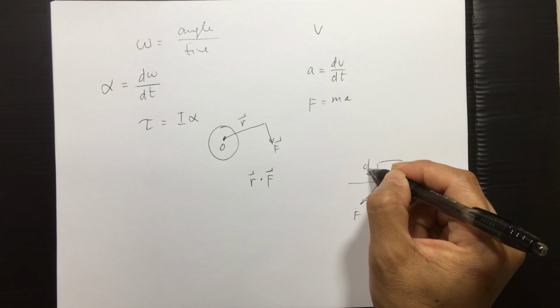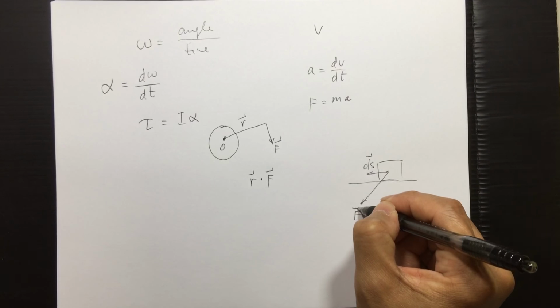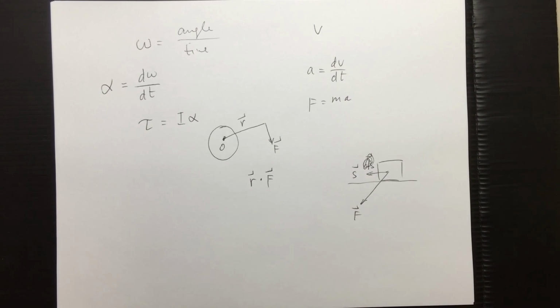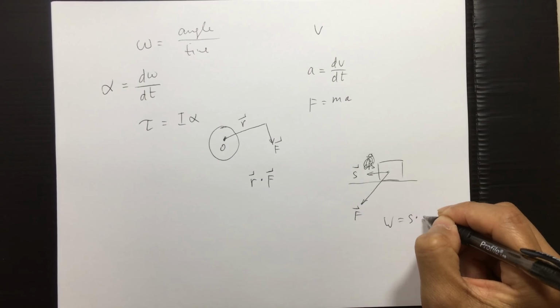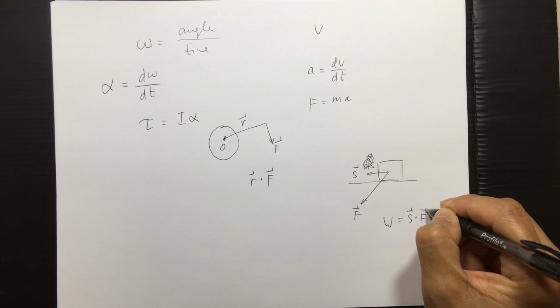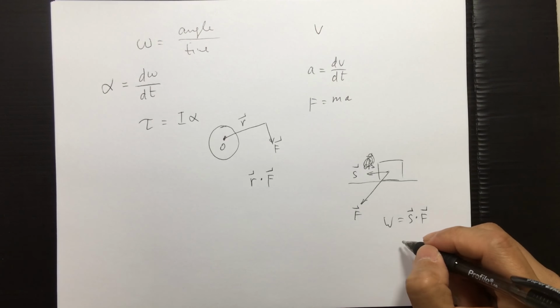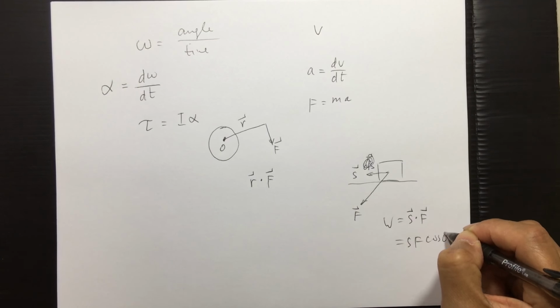This is force. This is a distance. This is a vector. Call this S. It moved S, right? The same force moved same S. The work is S dot F, or F dot S. This equals SF cosine theta.